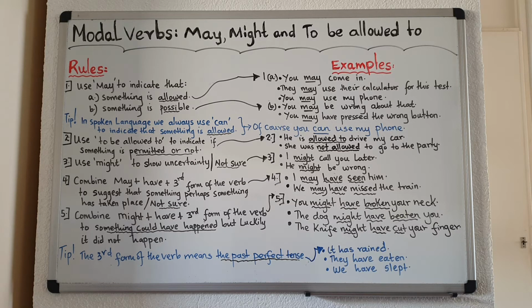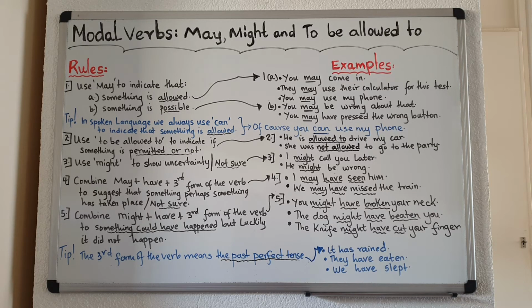Rule number 1b. Use may to indicate that something is possible. Look at the examples on the right. Example 1b. You may be wrong about that. Which means that there is a chance that you are wrong.